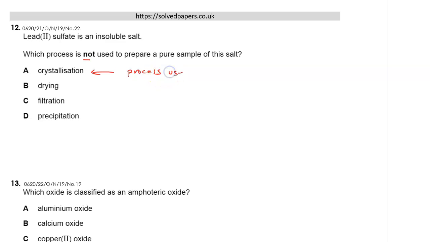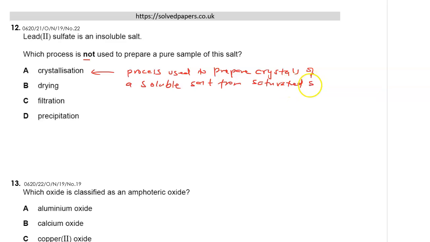So the salt, for you to get crystals, should be soluble, and this is usually done from a saturated solution. A saturated solution is a solution that cannot dissolve more of a given solute at a certain temperature.